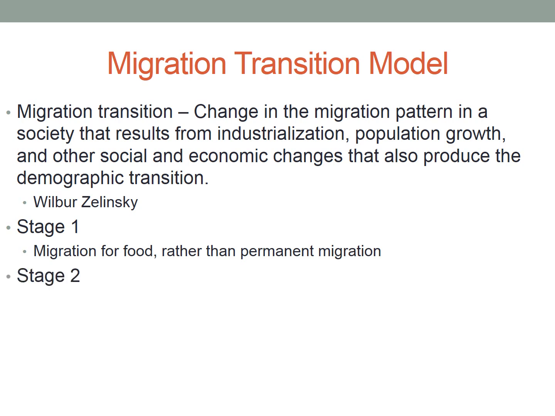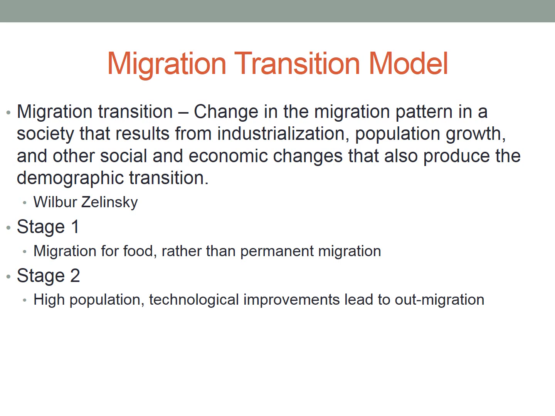Stage 2 is when things really take off. Because remember, in stage 2 of the demographic transition model, what changes? What happens? Because in stage 2 in the migration transition model, due to a high population and high population growth, we see a lot of out-migration. People leaving. They're going elsewhere. So where are they going?